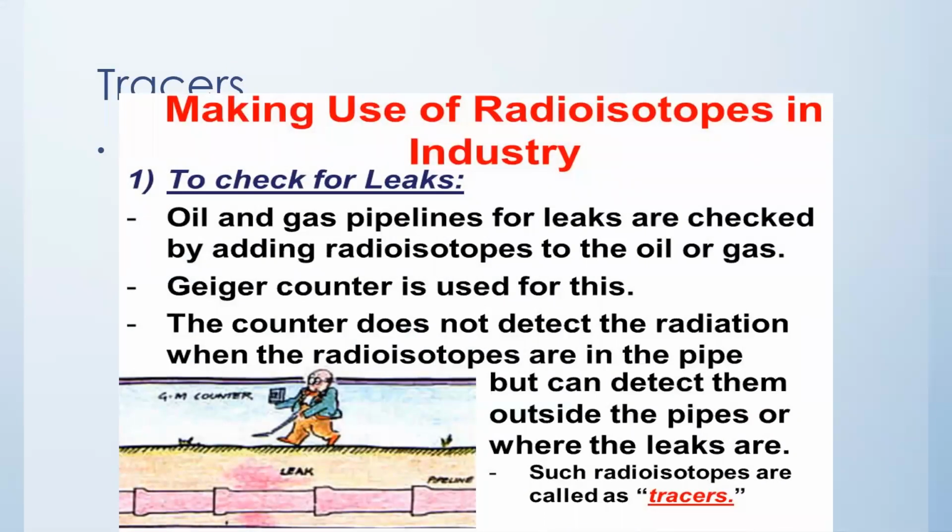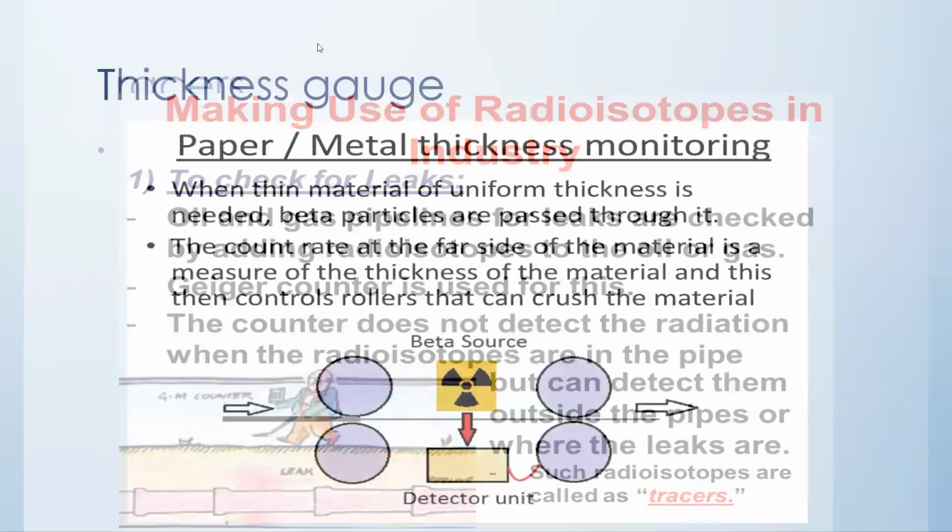We can inject the radioactive sample into a pipeline. If there's a leakage or a blockage, that part will detect more radiation because there will be more source there. So with a sensor detecting the radiation coming from the source added into the pipeline, we can identify the exact position of the leakage or blockage.